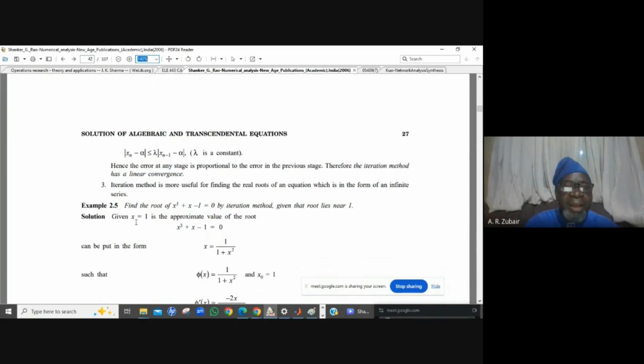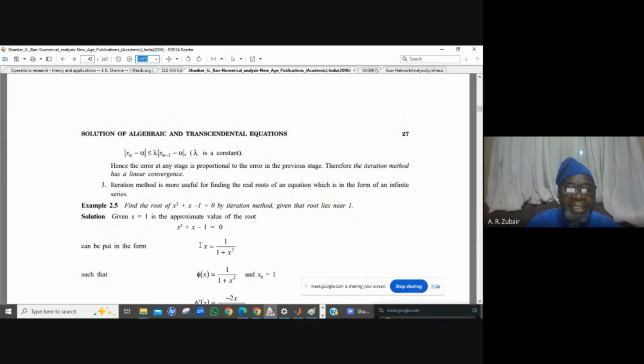Find the root of x raised to power 3 plus x minus 1 equals 0 by the iteration method, given that the root lies near 1, which means you use 1 as your first approximate value.